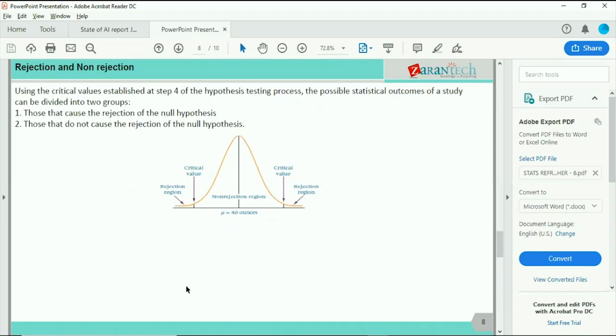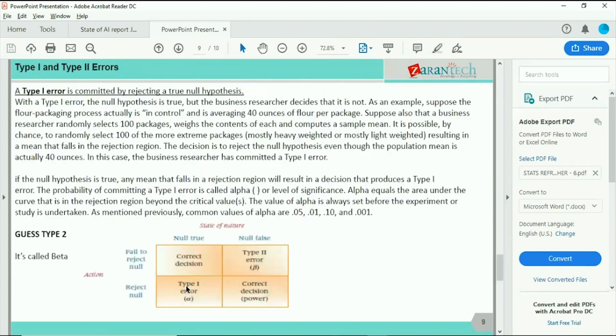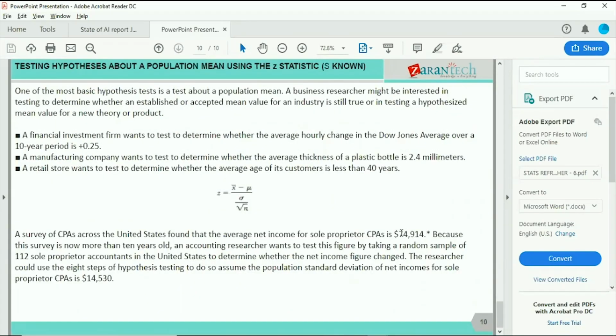You don't reject the number, you reject the null hypothesis. All you are doing here is establishing the fact of the hypothesis that you are trying to prove. Your hypothesis here was that the average value is 74,914.